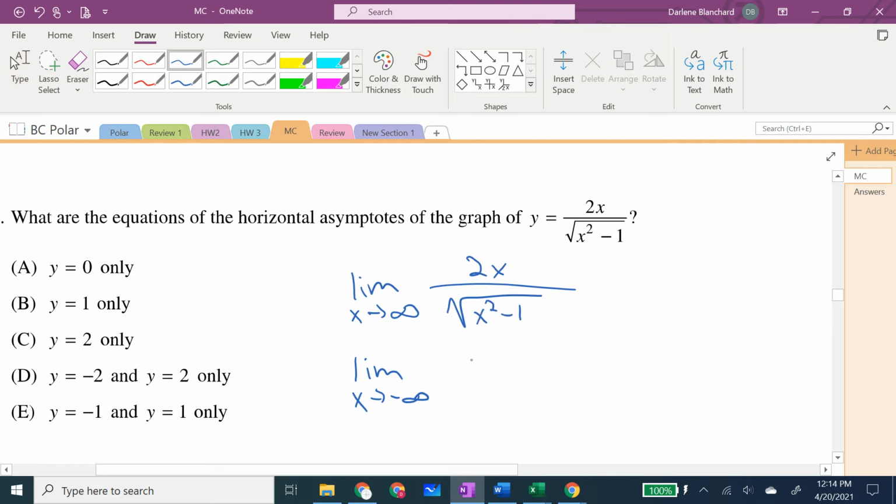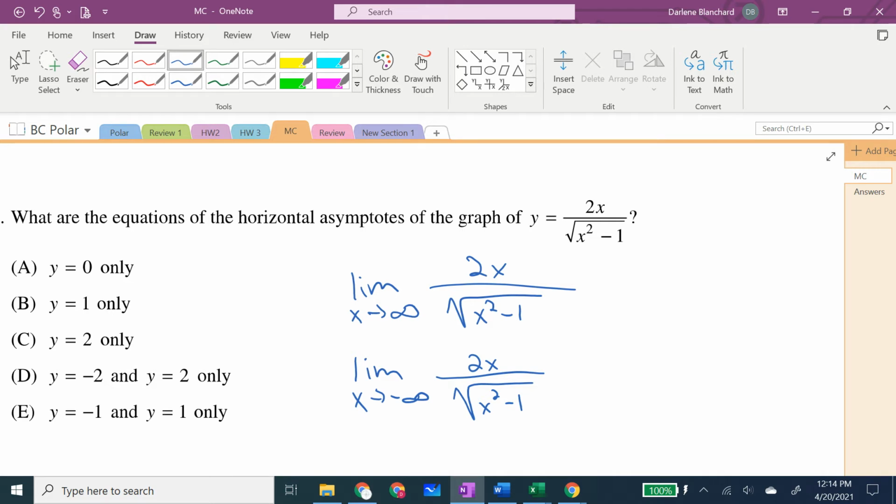Now, I've been talking to you about when you're looking at a limit as you approach infinity, and you're dealing with a polynomial over a polynomial with possible roots, that the quickest way to solve it is to take out the plus or minus of lesser degree terms.